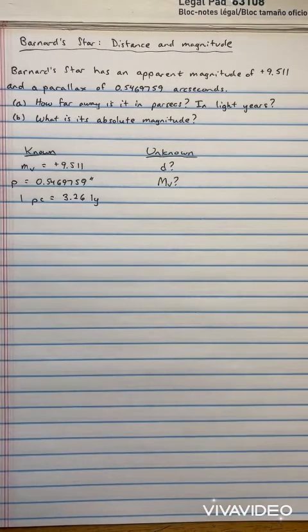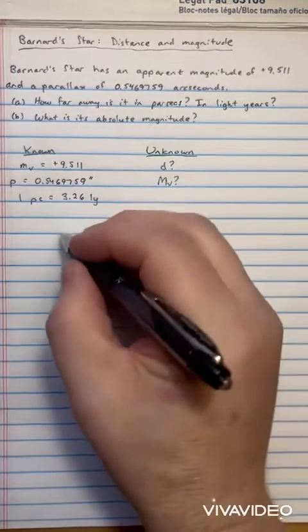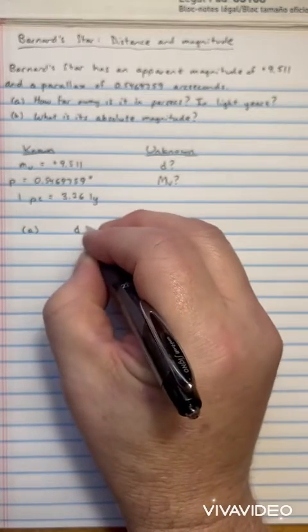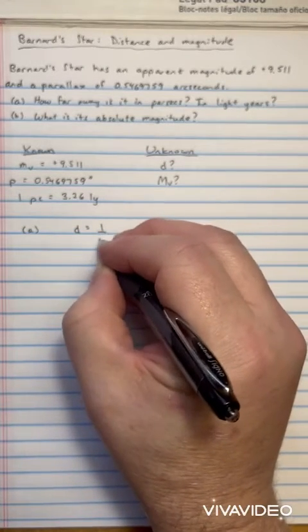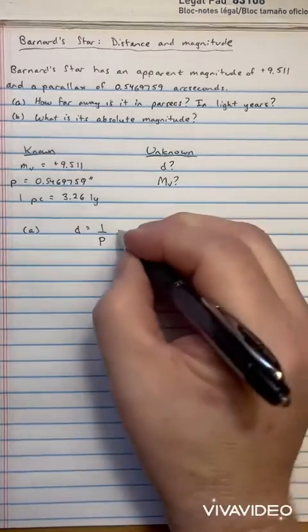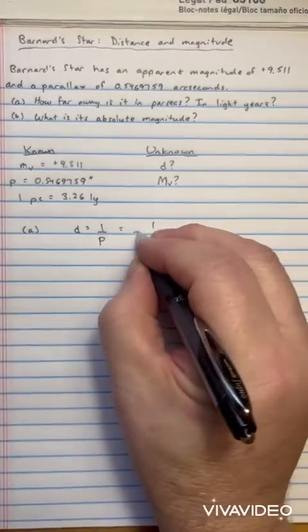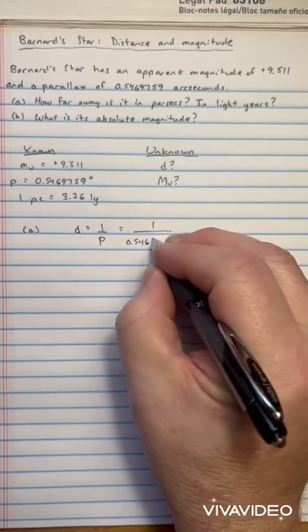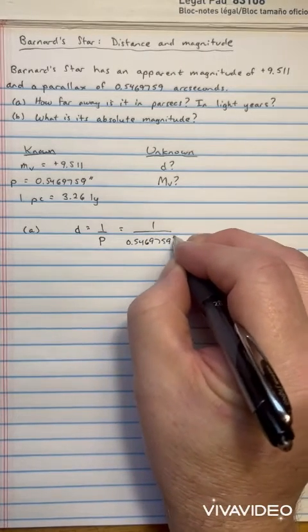All right, so how do we go about doing this? Well, the first question is actually pretty simple. What's the distance in parsecs? So distance is simply 1 divided by p if you're using units of arcseconds for your trig parallax. So it's 1 divided by 0.5469759 arcseconds.